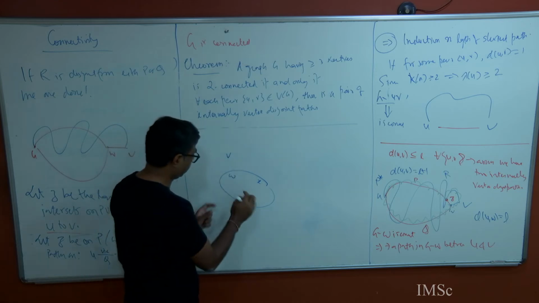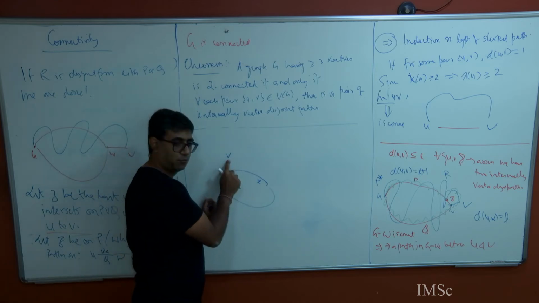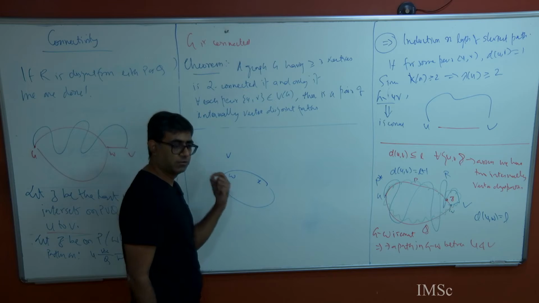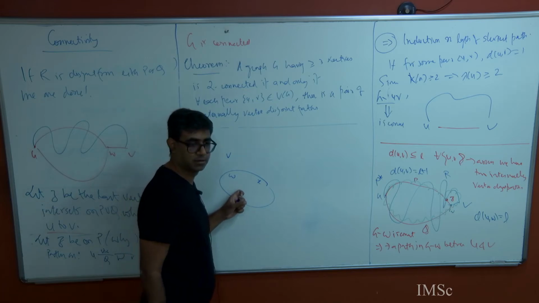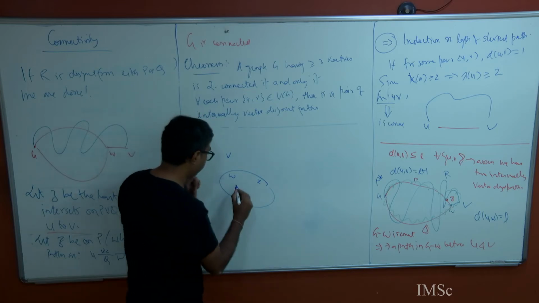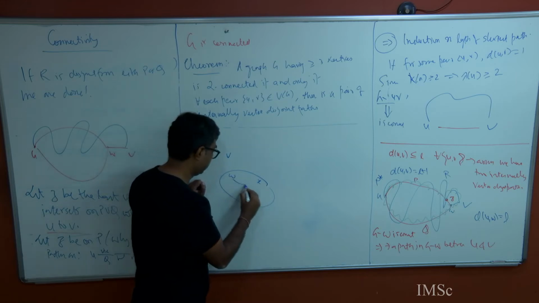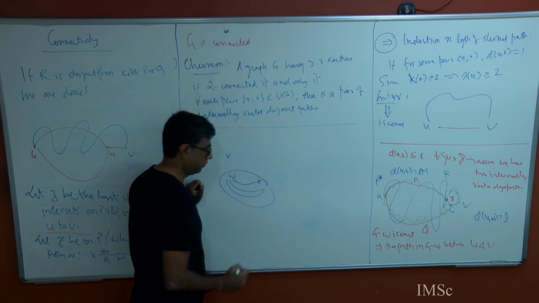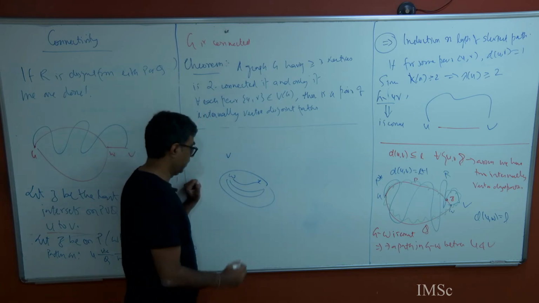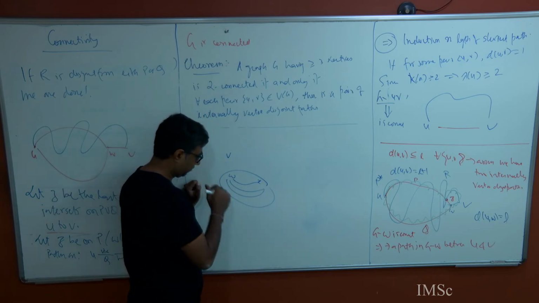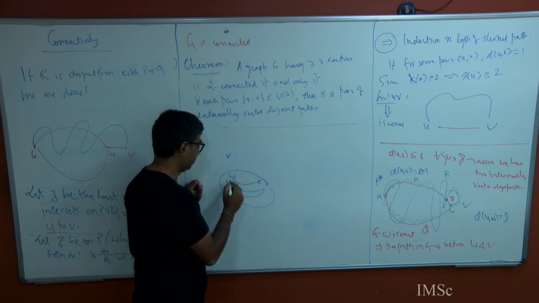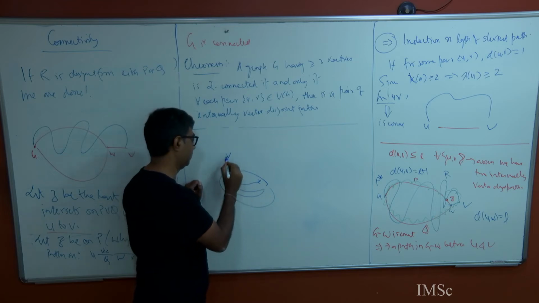Suppose there is a V. If I deleted one vertex, the graph, if it was K connected, is K minus 1 connected. It means by induction hypothesis, I will have lots of paths between them. But it's between W and X. Now, even if I take this path, they will become like this.